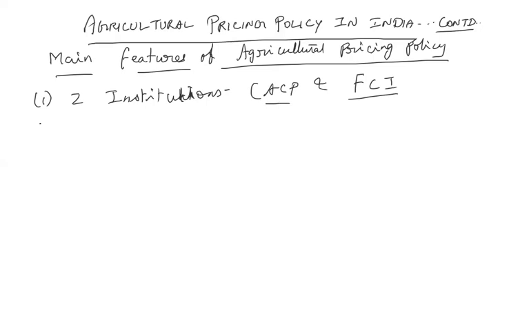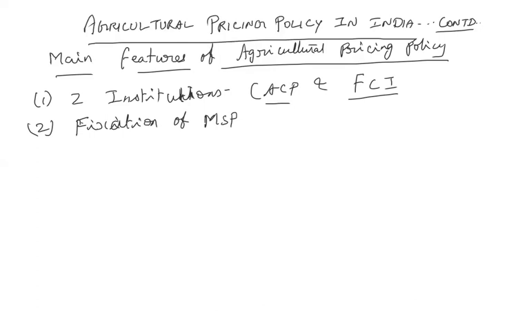And the next one, apart from that, is the fixation of minimum support price. The Food Corporation of India, on the advice of the CACP, fixes the minimum support price when it is purchasing the produce from the farmers after the harvesting season.